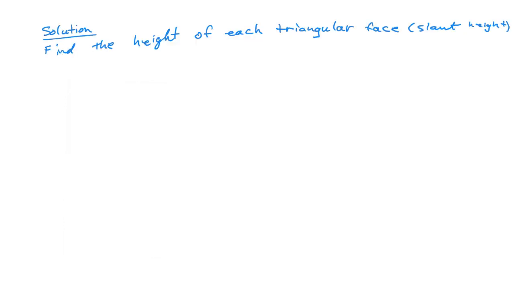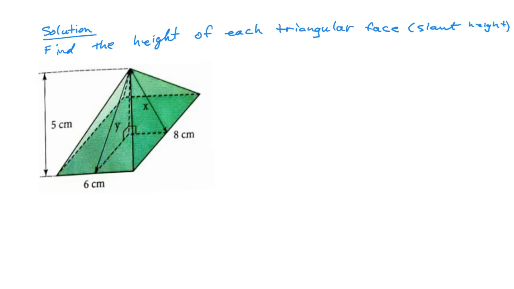So here's the basic solution. We have to find the height of the triangular face, i.e. the slant height of each triangular face. So right now, we're going to find the slant height for the y side of our pyramid.